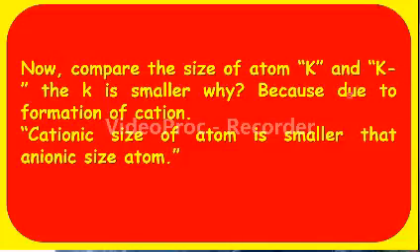This extra electron causes repulsion, so the anion's size is larger. In the atom, each proton is attracted to one electron, so there are equal numbers of protons and electrons. In the anion there is an extra electron, and this extra electron causes repulsion, so the size is greater. So the cationic size of an atom is smaller than the anionic size of an atom.